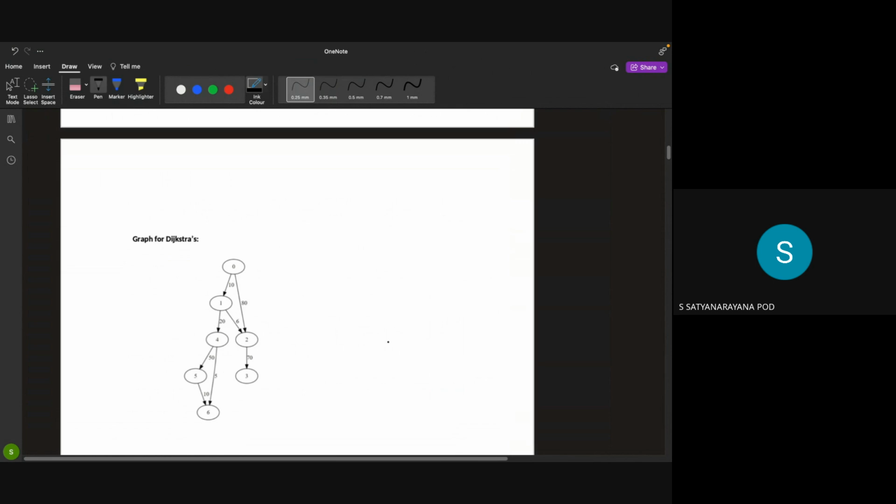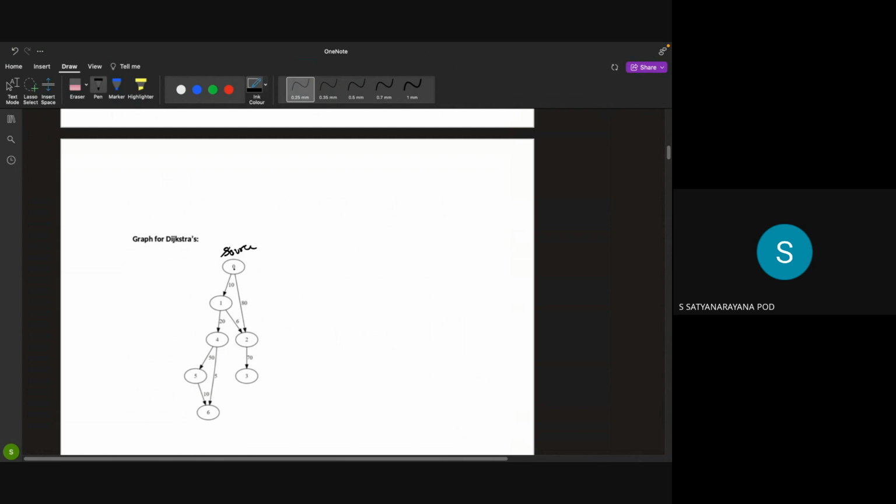It's very simple. It will create a vertex matrix, or simply a list. Out of all these, this is going to be the source. First I'm using a black color; later I will change the colors for each step.